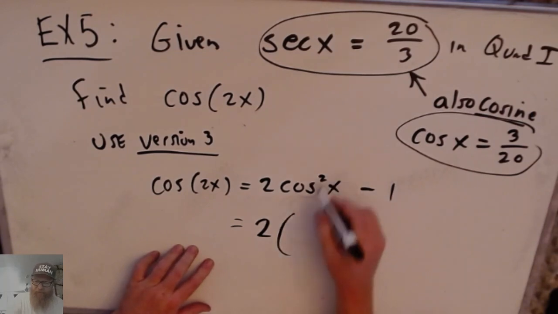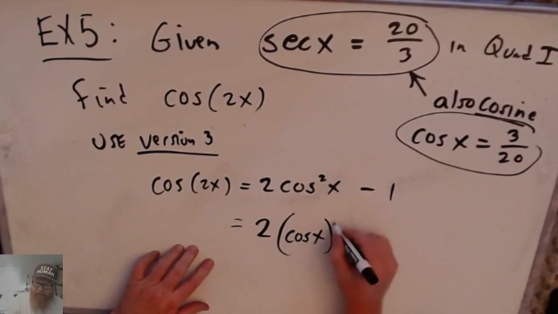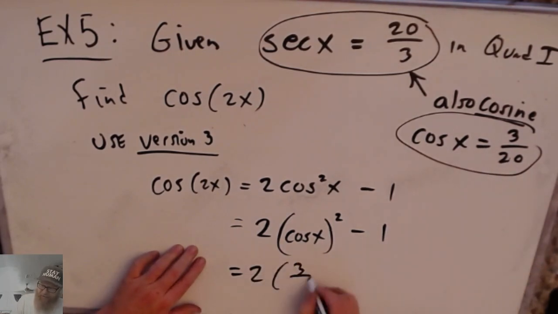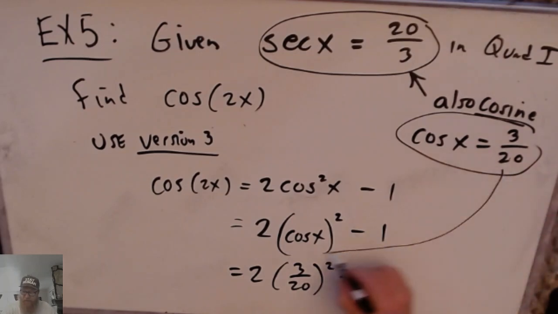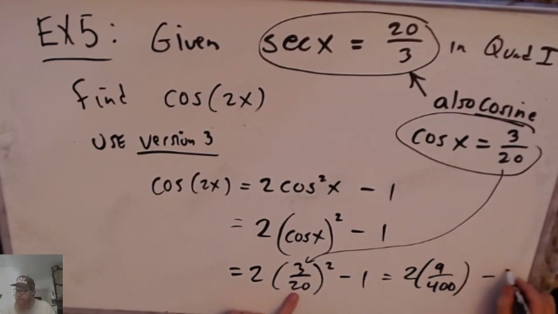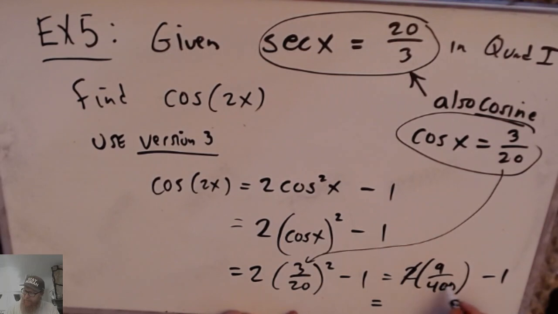Remember that this is the same as the cosine squared, and I already know the cosine. So the cosine is 3/20. That's 9/400 when you square it, and then minus 1.